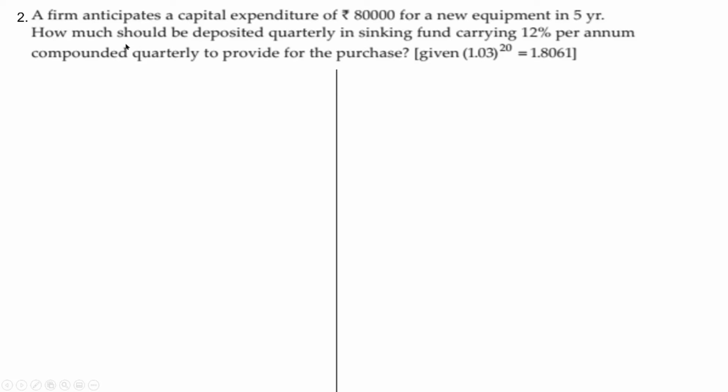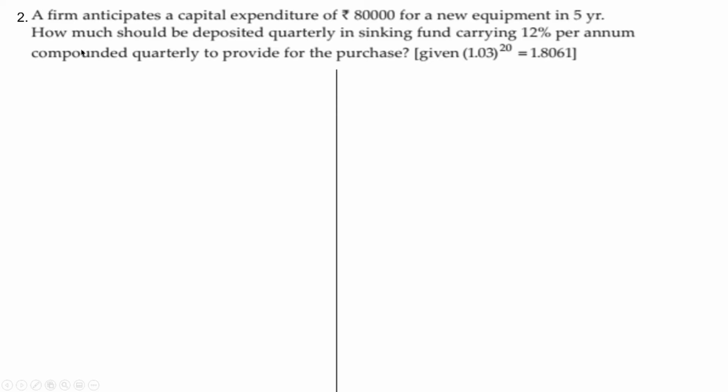A firm anticipates a capital expenditure of rupees 80,000 for new equipment in 5 years. How much should be deposited quarterly in a sinking fund carrying 12% per annum, compounded quarterly, to provide for the purchase?